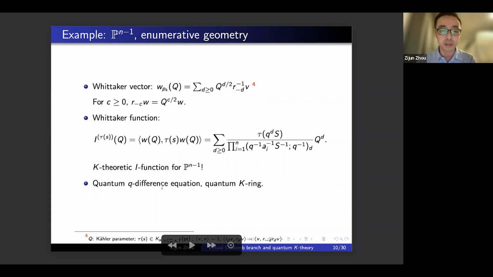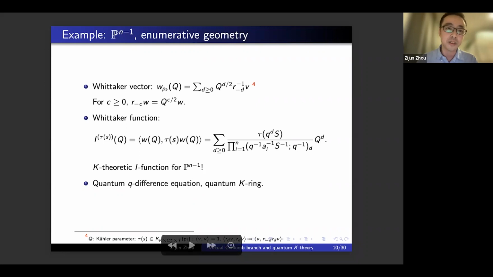And also the quantum q-difference equation, quantum K theory ring can also be obtained in this way. So this is roughly how we can get enumerative geometry invariants and other structures from this representation of Coulomb branch.